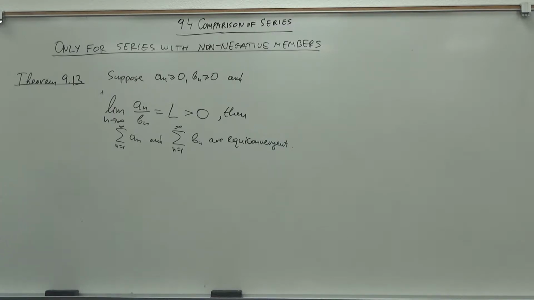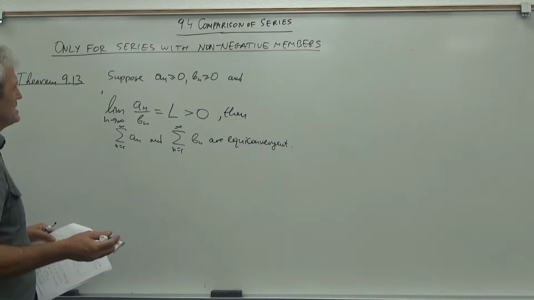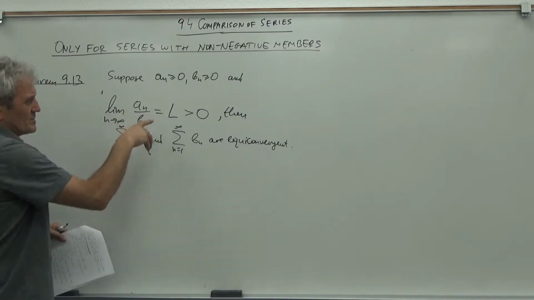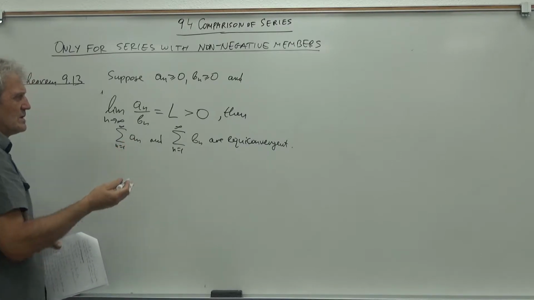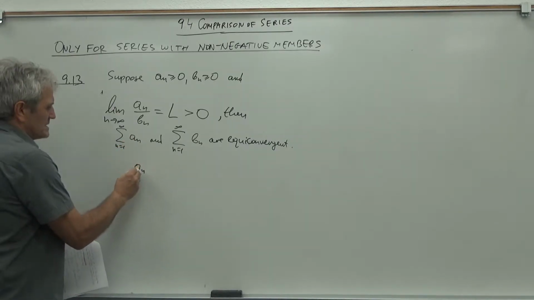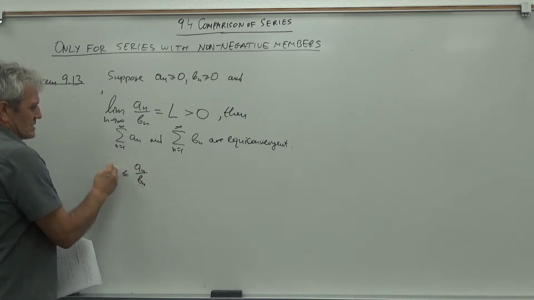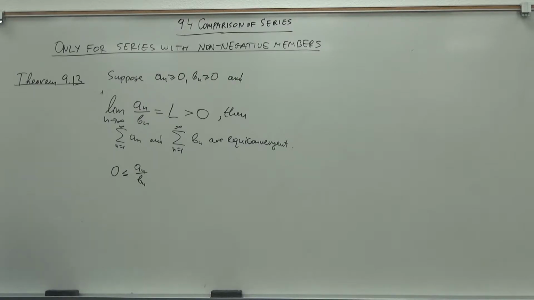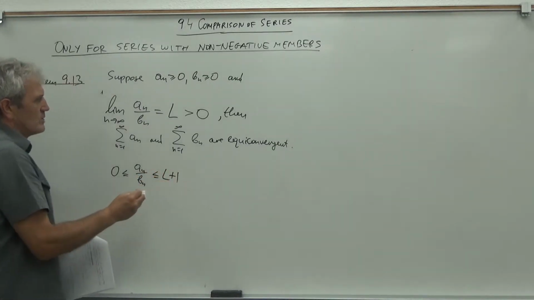Basically, what? So what would that be? If the limit of an over bn is L, then what do we know? If your limit is greater than 0, then we know the following, that an over bn is greater or equal to 0, but also less than or equal to L plus 1. Why?